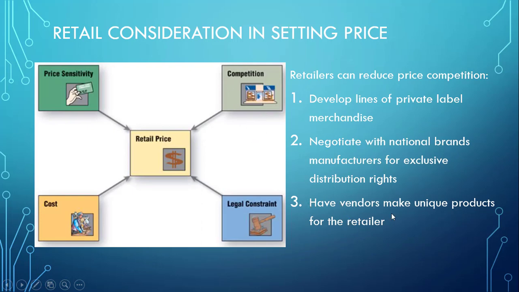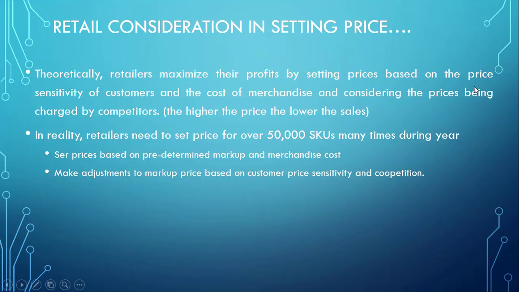And then, as a vendor, if you can acquire unique products for the retailers, then again you can reduce the impact of competition. So these are the three mechanisms that will help you as a retailer to reduce the effect of price competition.